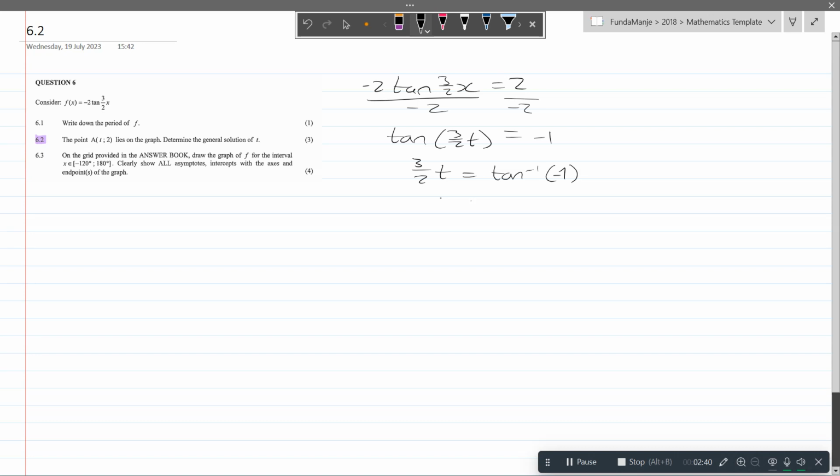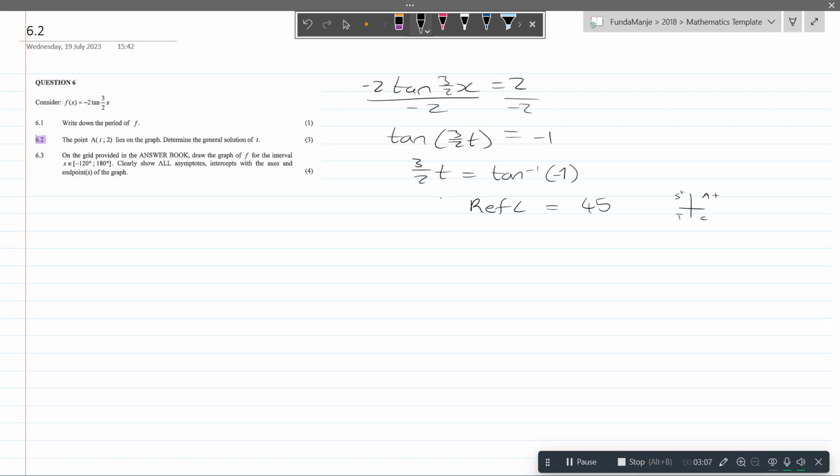This is because we only want to find our reference angle. So our reference angle in this case would be 45 degrees. But now we factor in the negative. So this will be 45 degrees in which quadrant? Where is tan negative? So if we use the mnemonic ASTC, All Students Take Calculus, here all of them are positive.